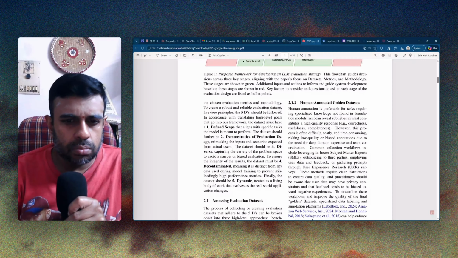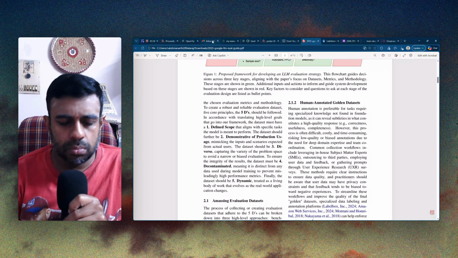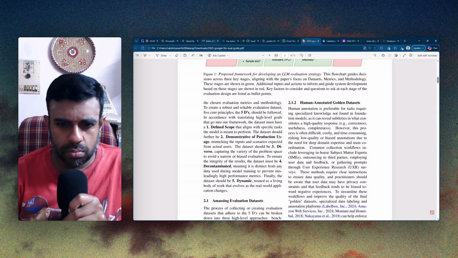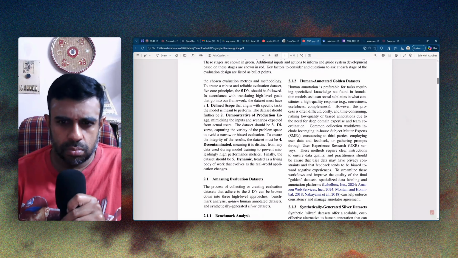Love that phrasing. So, how do we actually get these amazing datasets? The paper mentions 3 approaches. Benchmarks, human annotated golden datasets, and synthetically generated silver datasets. Benchmarks, those are the existing, publicly available ones. Right. They're a good starting point, but often too generic, the paper says. And potentially contaminated.